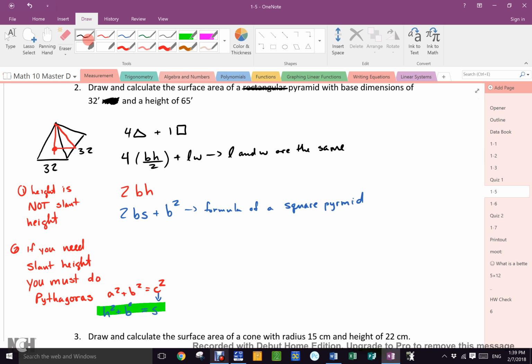We're going to fill it in. What's B? 32. What's S? 65. Plus, what's B? 32. And what's happening to B? Squared. Everyone punch that into their calculator and see if they get the right answer.